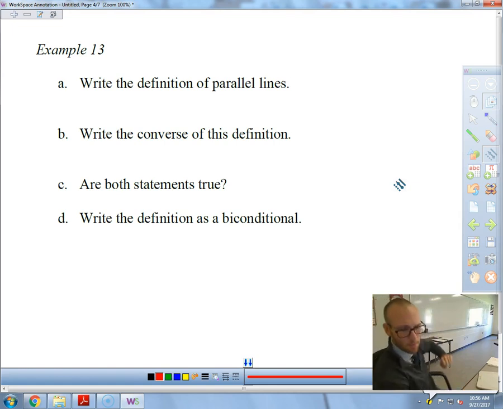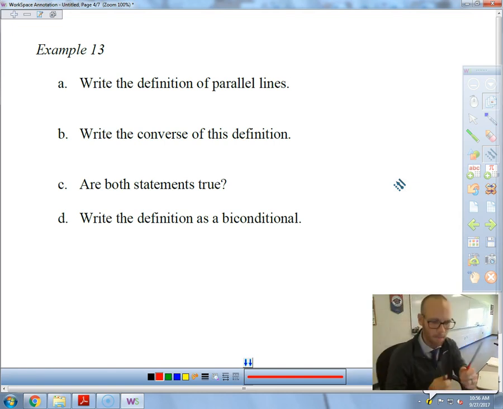Are those two lines parallel? Yeah, they are. So what is it about those lines not intersecting, and they're still parallel though? They're not like this. Well, what we have here is parallel lines don't intersect, but they do have to be in the same plane.